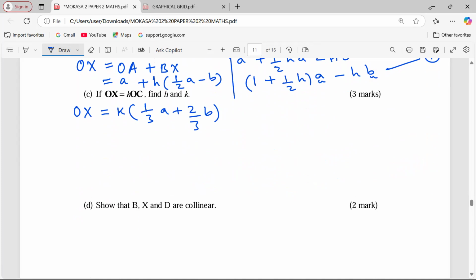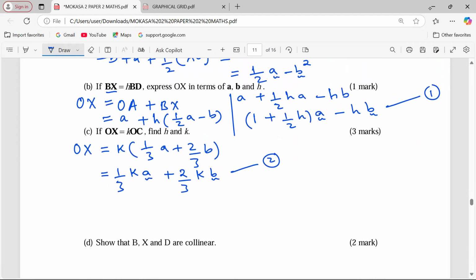Vector B that way. So now we can talk about this expression being a third K vector A plus 2/3 K vector B. This is the second expression of OX.